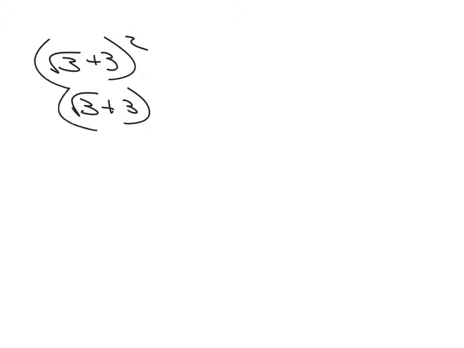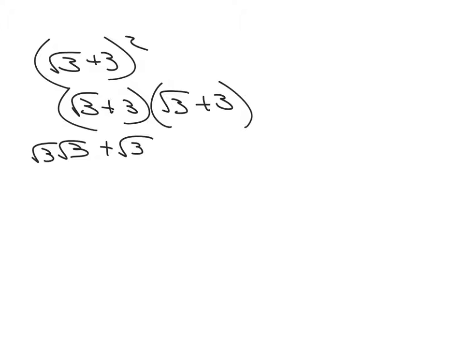And we have the square root of 3 plus 3, and they're squaring the quantity. Again, that means the exact same thing as doing the FOIL method. Okay, so the first would be, outside, inside, and last.